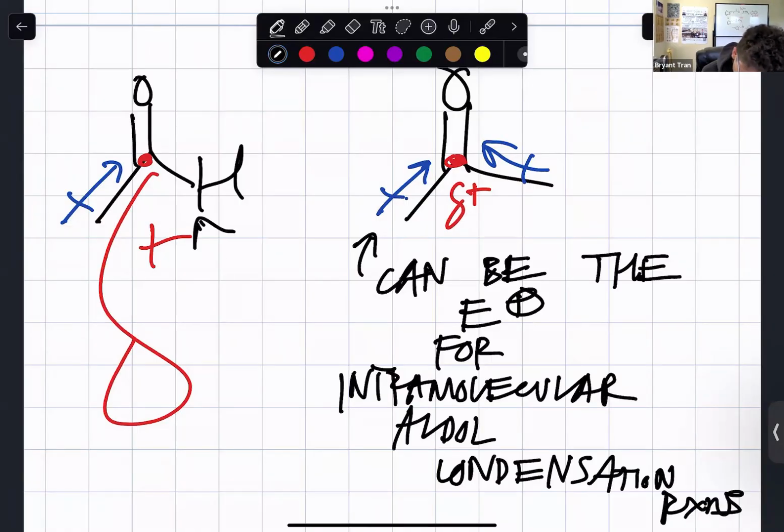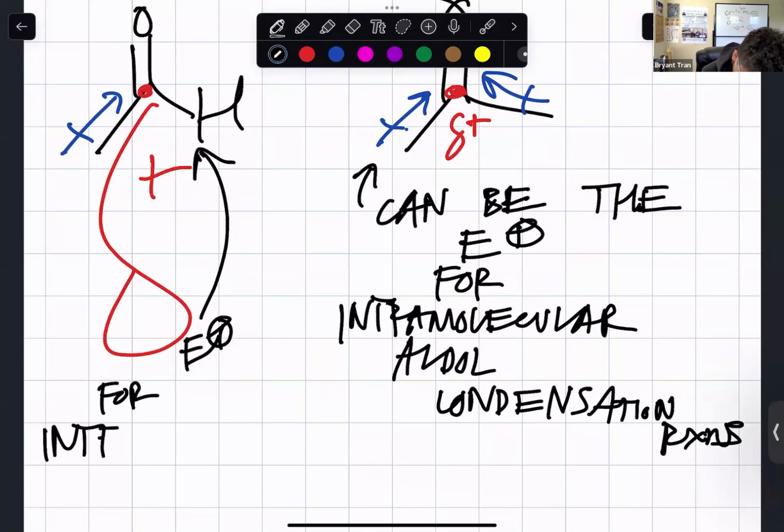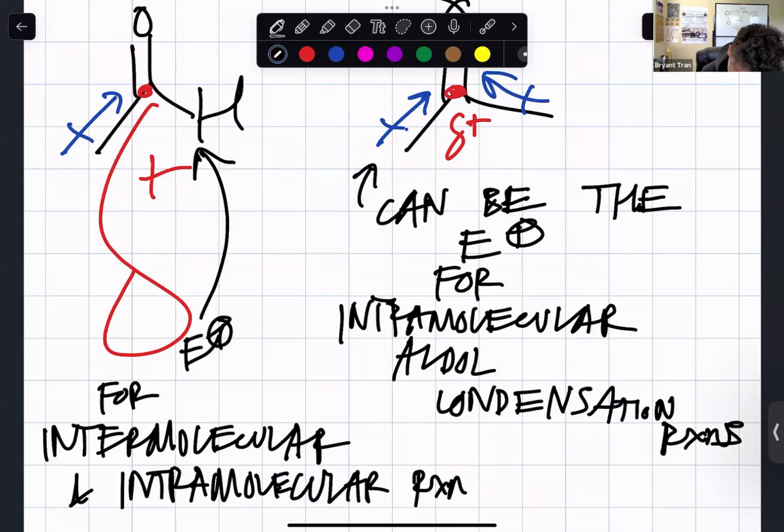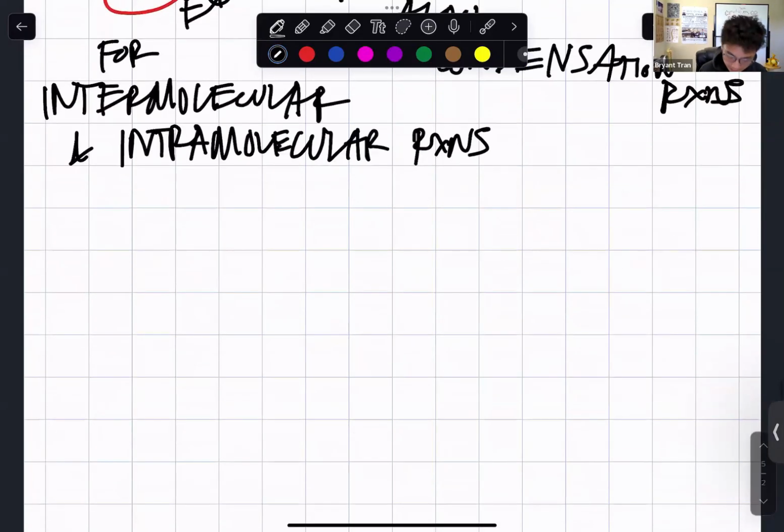And then aldehydes are going to be electrophiles for both intermolecular and intramolecular reactions. Okay, so let's give an example of that.